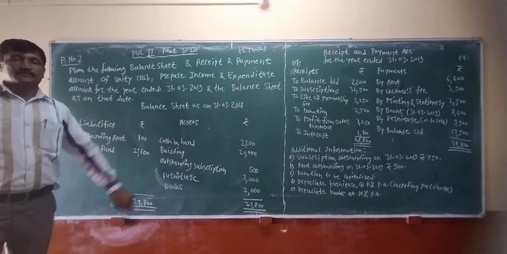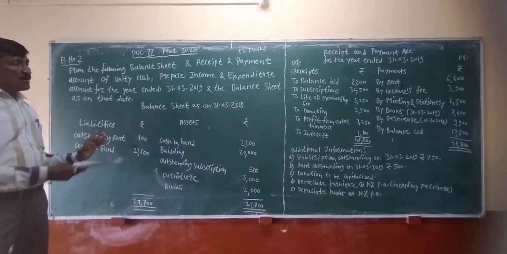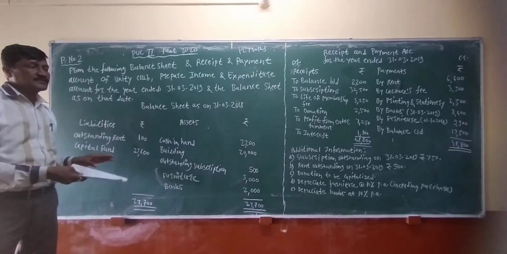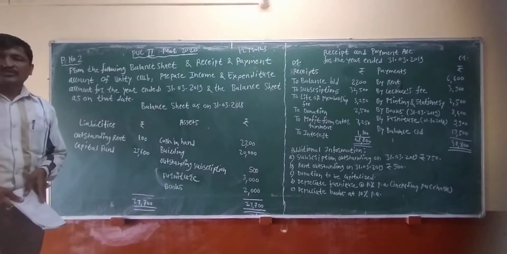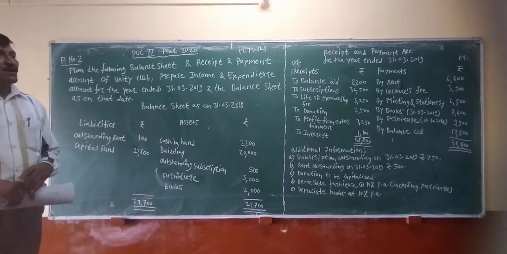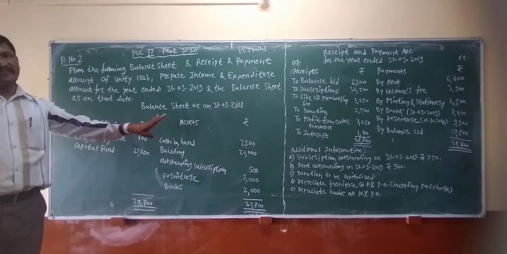Then all the assets and liabilities, as well as receipts and payments, are transferred to the income and expenditure account and balance sheet. Next, clarify all adjustments.